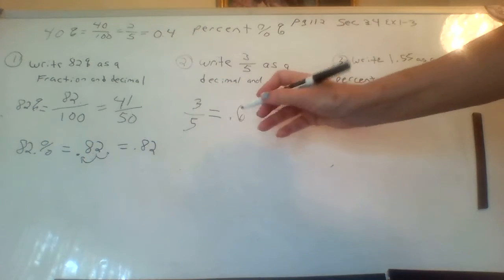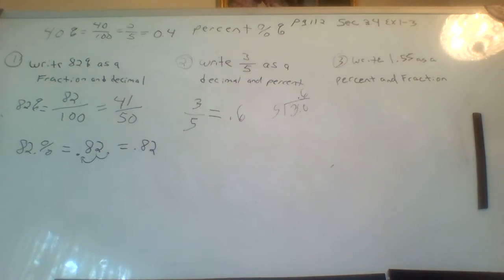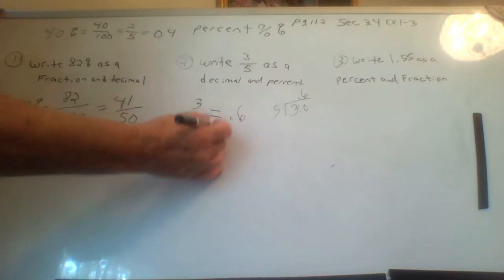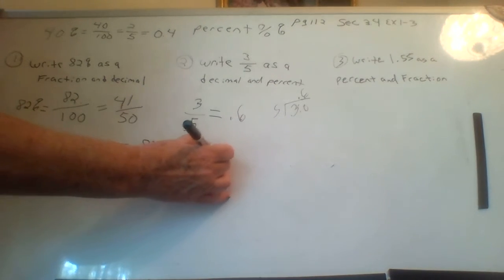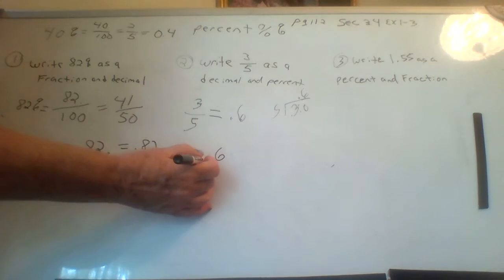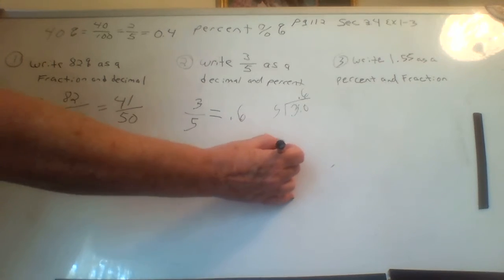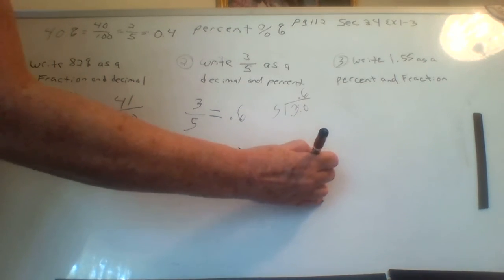Now, once you have a decimal, and you know what the decimal is, it's real easy at this point to write it as a percent. All you have to do is, so we know that it's 0.6, so all I have to do is move my decimal to the right 2 places, and I get 60 and add your percent.